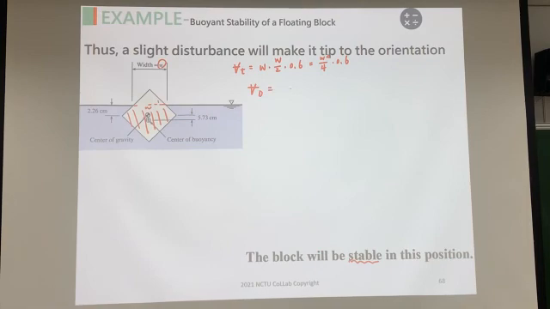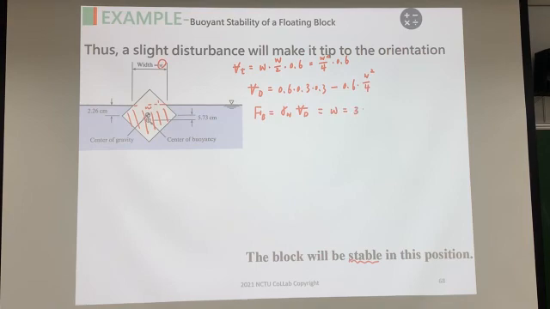Okay, so the volume displaced into the water is equal to the total volume of the wood, which is 0.6 multiplied by 0.3 multiplied by 0.3, and then minus the triangle volume. So because we can determine the volume displaced into the water, we can compute the buoyant force. Following this equation, we have gamma W multiplied by displaced volume, and then it should be equal to the total weight, right?